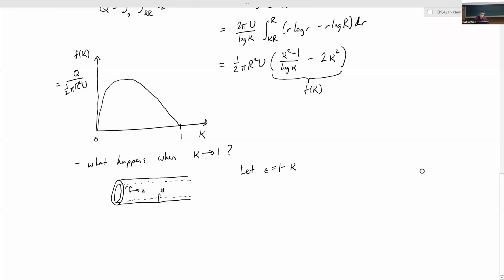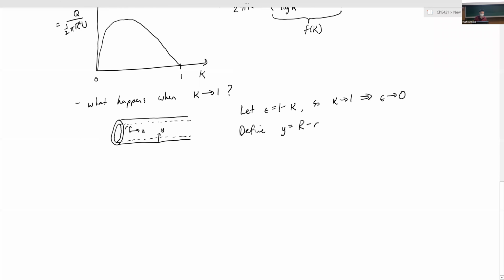Okay, and so that means, so kappa goes to 1 implies epsilon goes to 0. Okay, and then as I mentioned, we're going to redefine our axes here. We'll define y as big R minus little r. Okay.